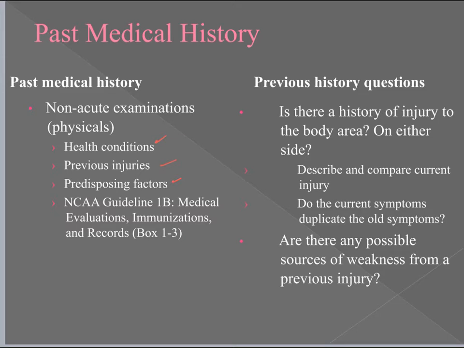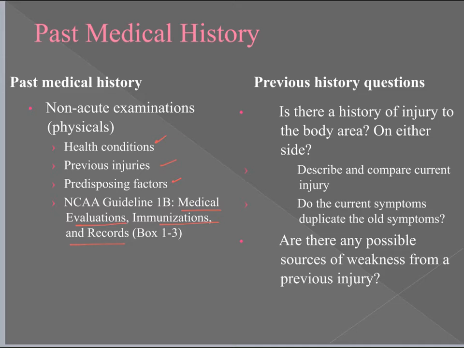In addition to that, at this point in time in the non-acute examinations and past medical history, we're also going to ask for previous medical evaluations. We're going to get their immunizations and records, right? So all of these items we're going to be taking or getting from our student athletes, which is why it's so perfectly tucked into our physical examinations, our yearly physical examinations of our student athletes. All of this information can be found on box 1-3 in your textbook.